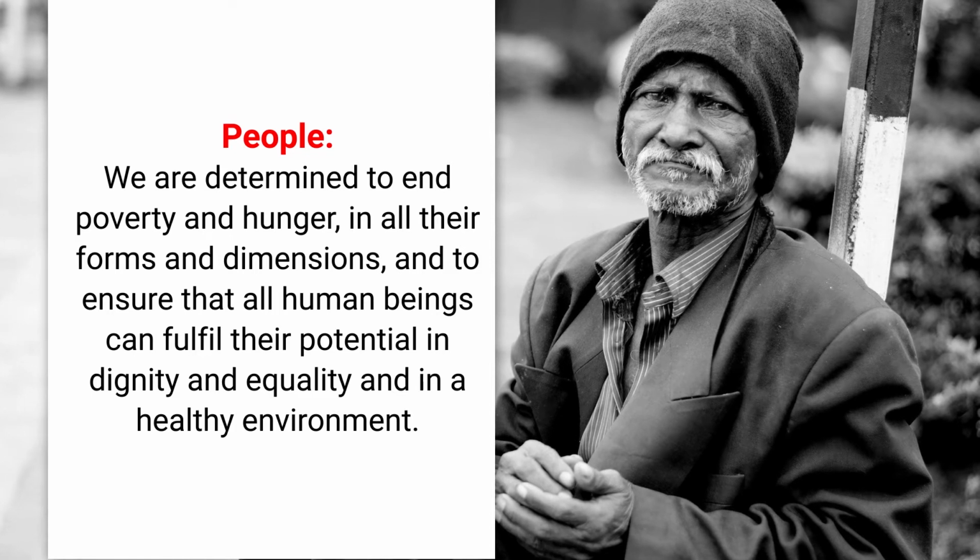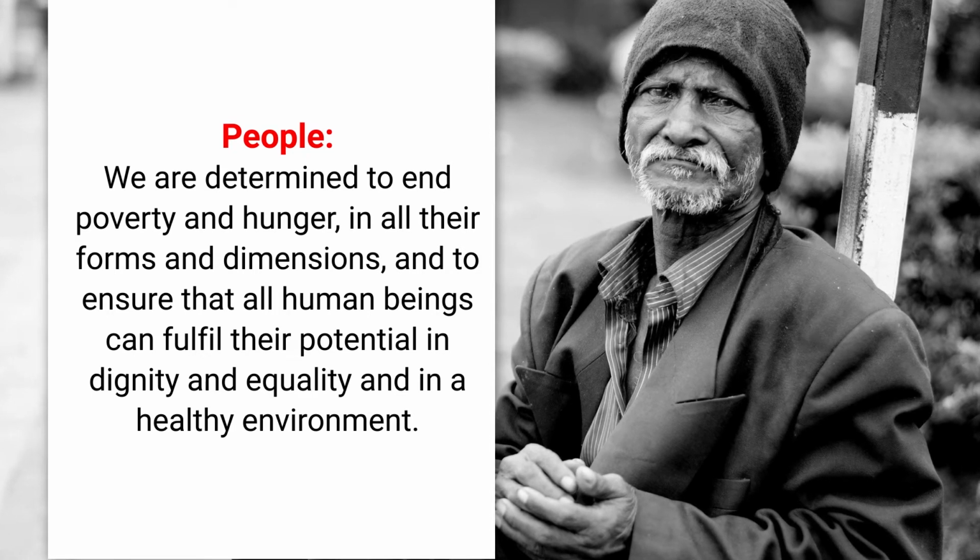When we look into the plan of action for people, planet, and prosperity, we need to understand another 2 pieces, that is peace and partnership. We need to have a determination to end poverty and hunger for people in all their forms and dimensions, and to ensure that all human beings can fulfill their potential in dignity and equality in a healthy environment.